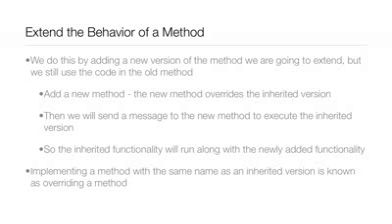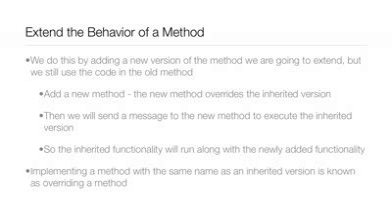So we have this method that has the same name as a method in the superclass, and we have added some new functionality, but then we also send a message to run the functionality in the method from the superclass. So you're running the original functionality and then the new functionality. All in all, the inherited functionality will run along with the newly added functionality.